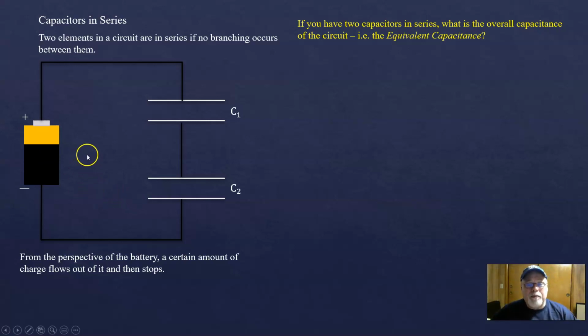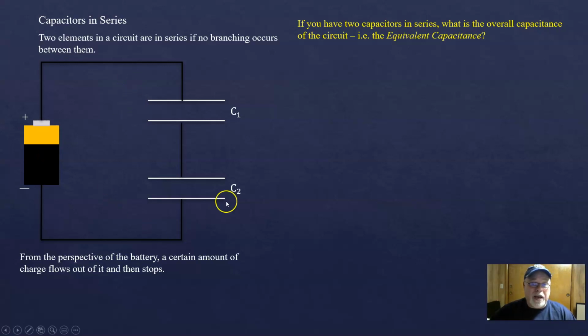Now, think about what's going to happen. Even though we don't know exactly what the outcome is going to be yet, you still can understand and would expect that as charge starts to flow out of the positive terminal on the battery, eventually the capacitors are going to become fully charged, right? And charge is going to stop flowing out of the battery. Now, here's the thing. You're inside the battery.